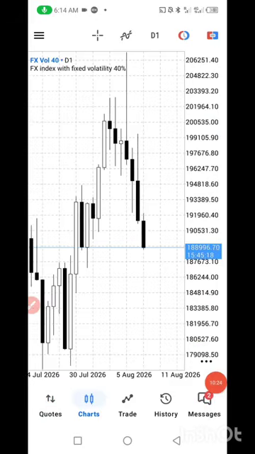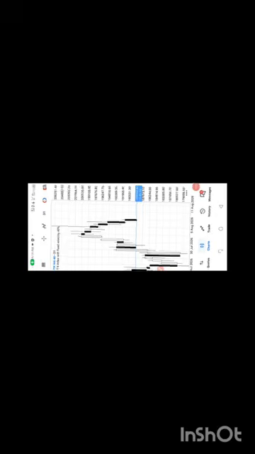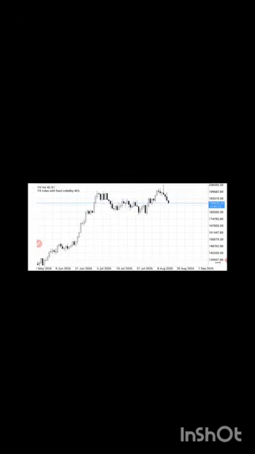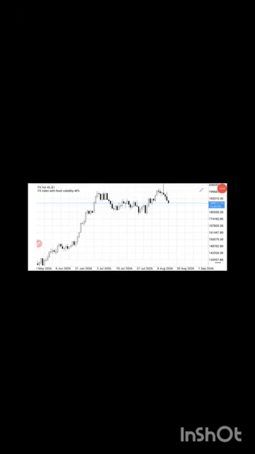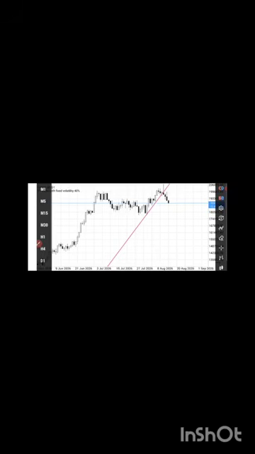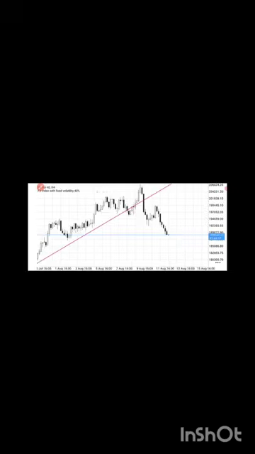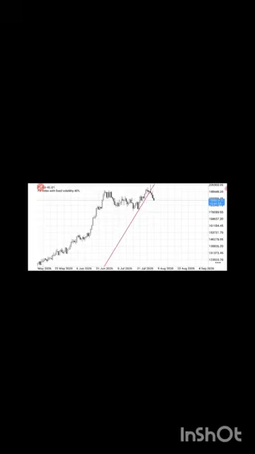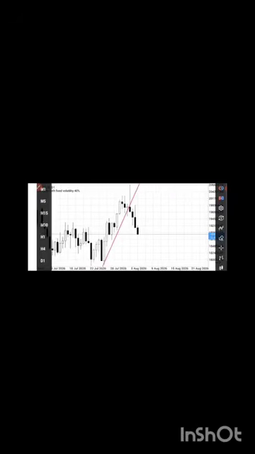Now look at this. This is the index. You see this market was going up like this in the 4-hour time frame. If you go back to the daily time frame, you also notice there is another block here.